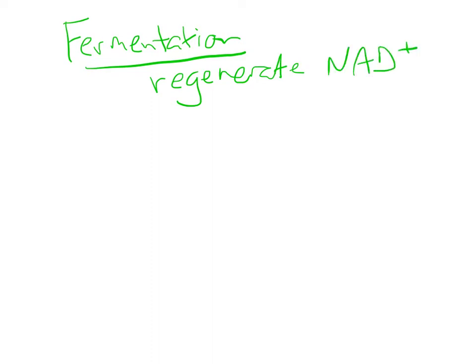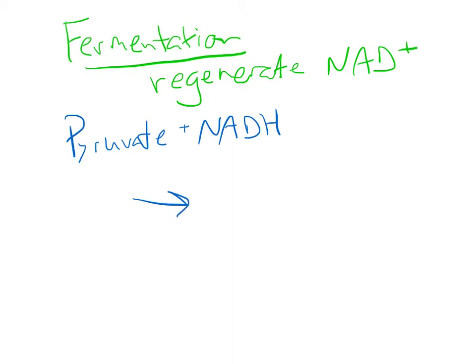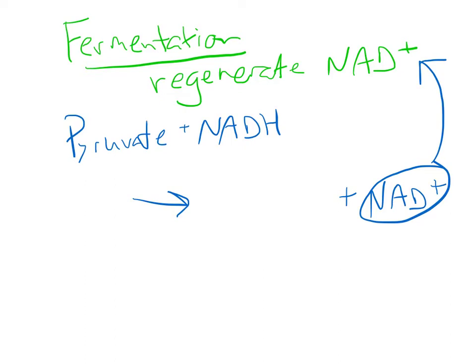So basically, we are going to take our pyruvate from glycolysis, combine it with NADH that we just made, and we're going to be able to convert that into a waste product plus NAD+, which can then be sent back to glycolysis where we started.